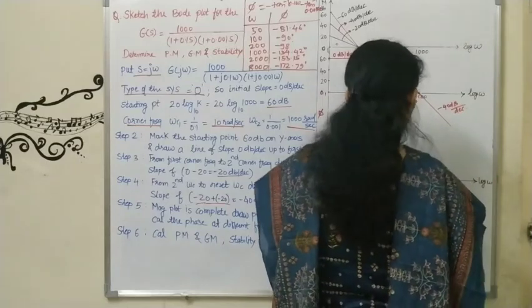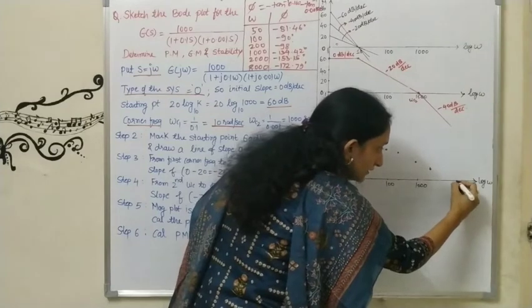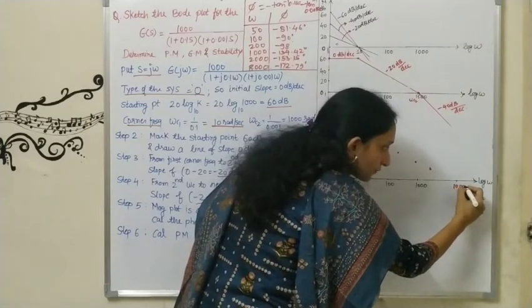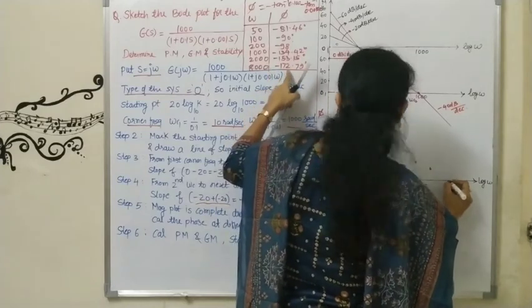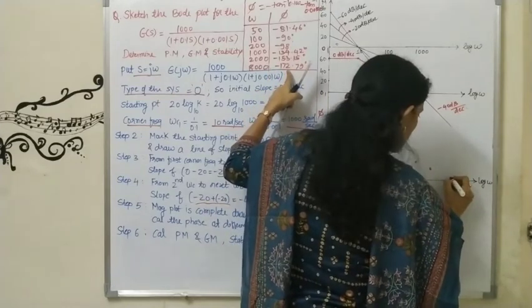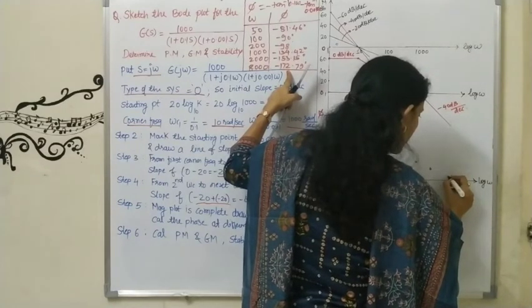Last it will be 8000. After 1000 my next decade is 10,000, so 8000 may be here, but for 8000 I am getting minus 172. So it is not intersecting with the minus 180 degree line.